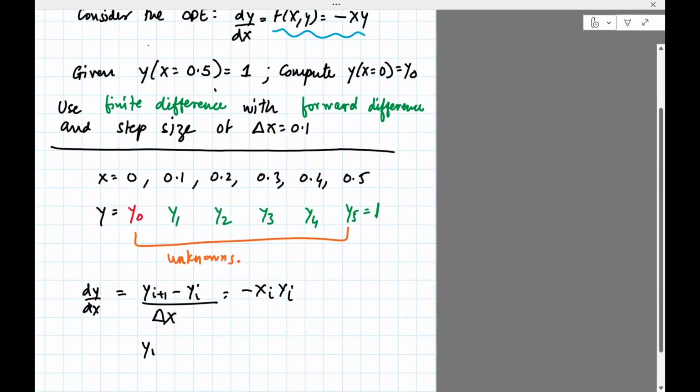When I simplify this, I get y i plus 1 equals 1 minus delta x times x i, times y i. So the equation looks exactly identical to Euler's integration. It's no wonder because I used forward difference. Now, if you use any other method like central difference or backward difference, the formula will look slightly different.